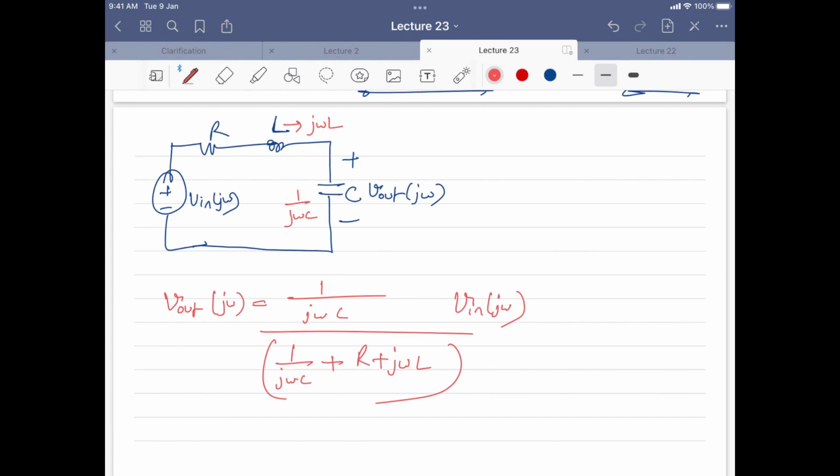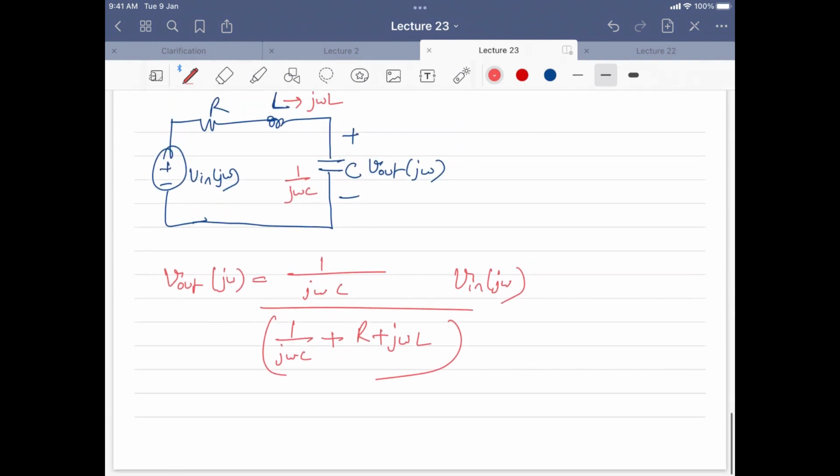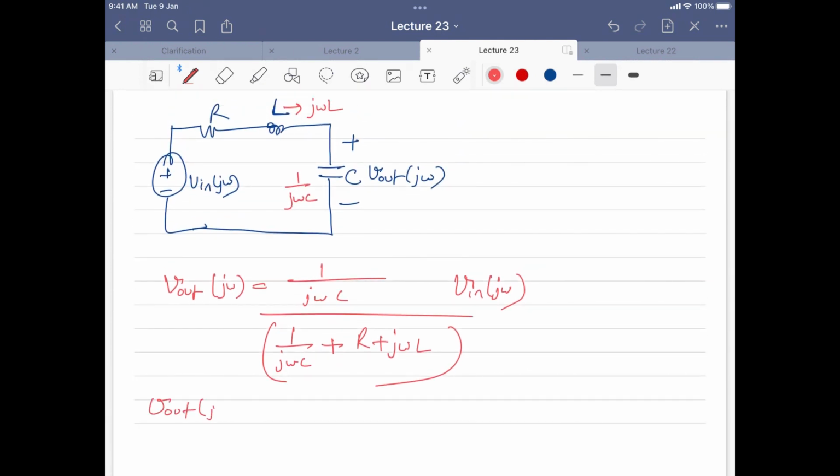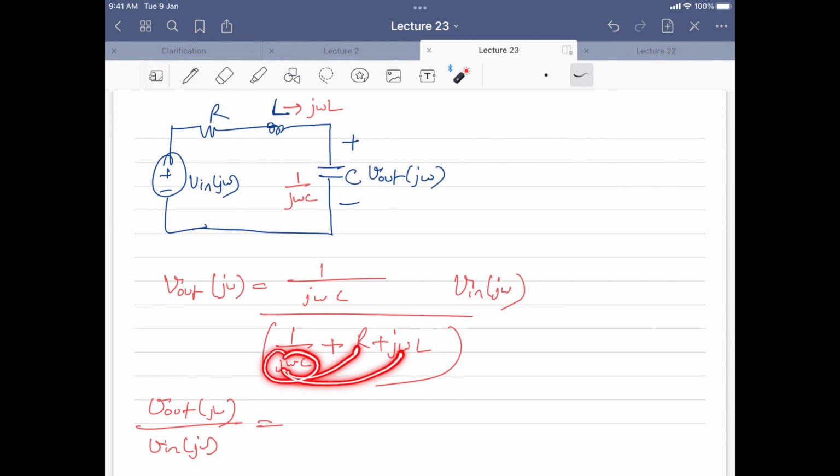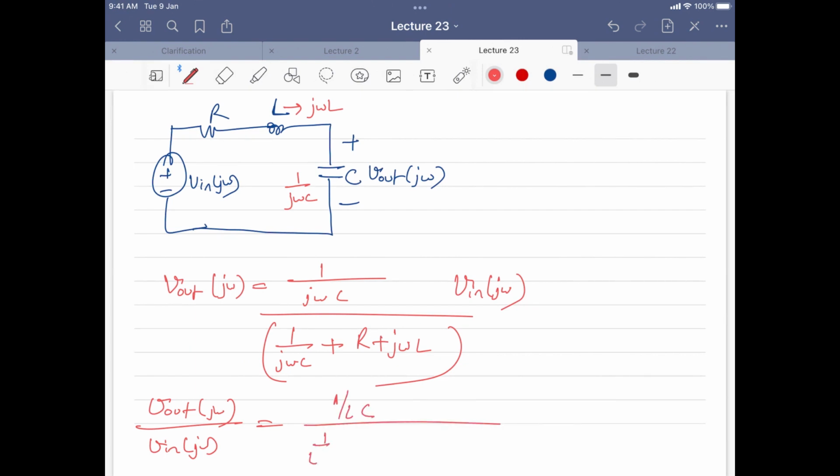In this case, if I simplify this, I am not doing the simplification, you can do it yourself. What I mean by simplification is you multiply this to this side, bring this into the numerator and cancel this j omega C with this j omega C. Once you simplify the terms, what you will get as the answer is 1 by LC divided by 1 by LC minus omega square plus j omega R by L. This is an exercise for you.